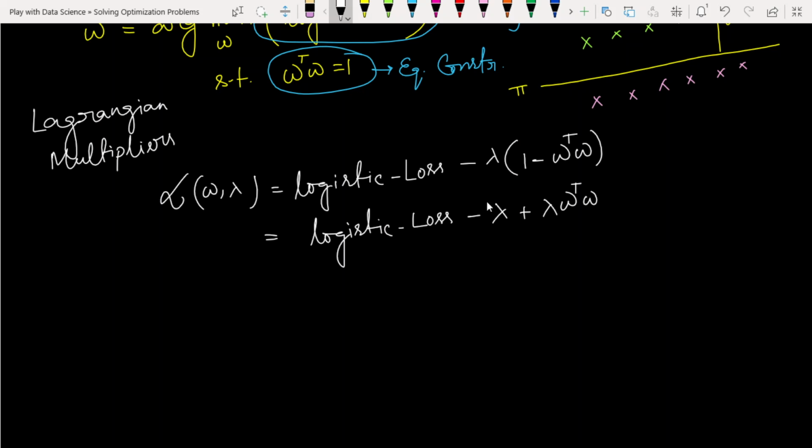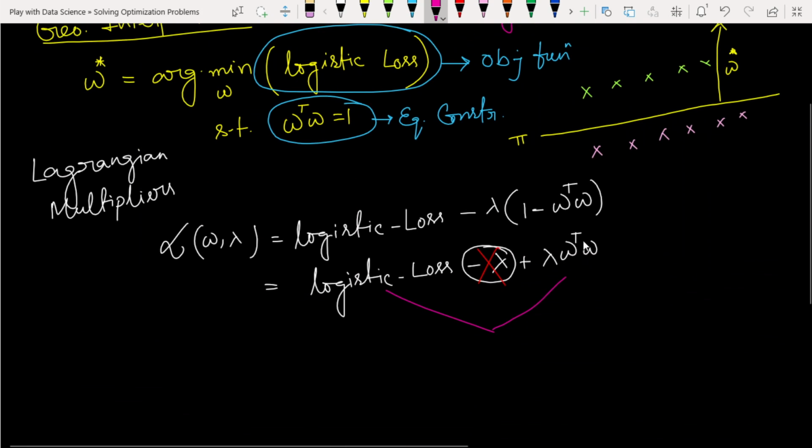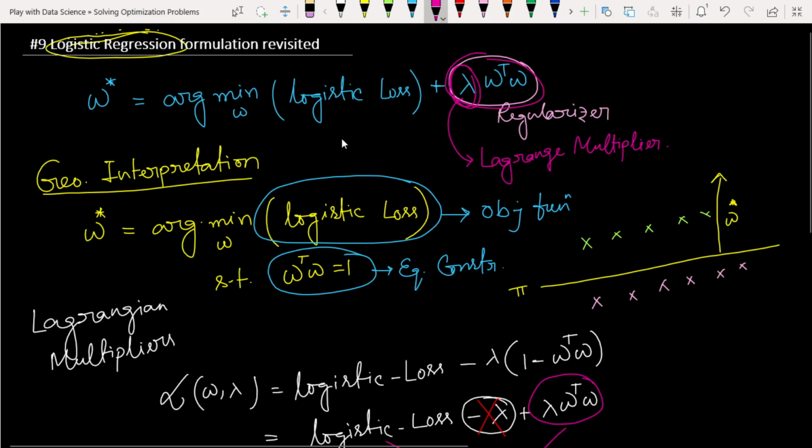If you omit this constant term for a while and compare these two terms, this is simply our regularizer term, and this is our logistic loss function.